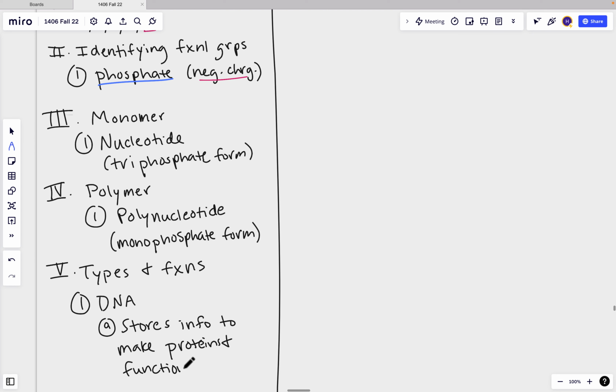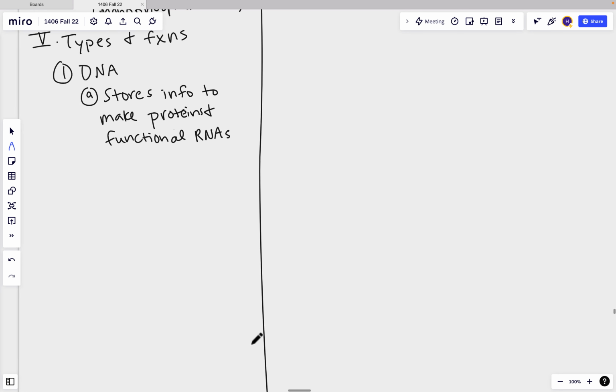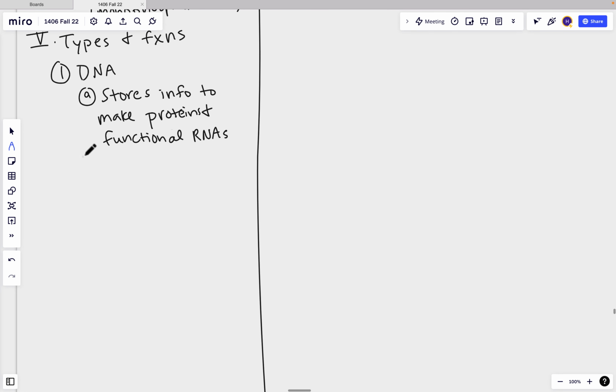So RNAs with a job. We'll also note that DNA is hereditary, which means you can pass on traits. That's how you pass on traits or alleles, different versions of genes.